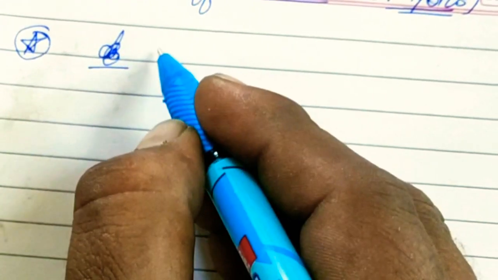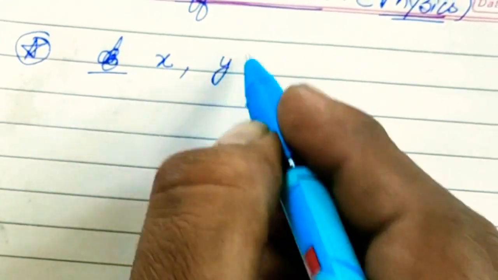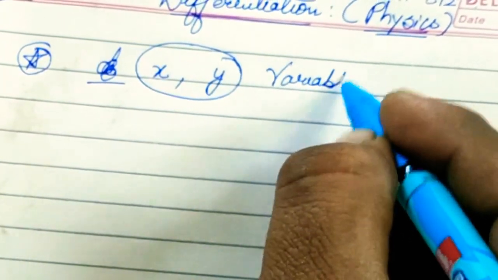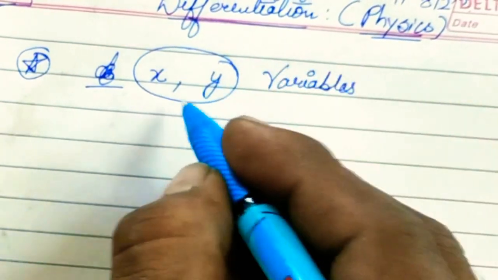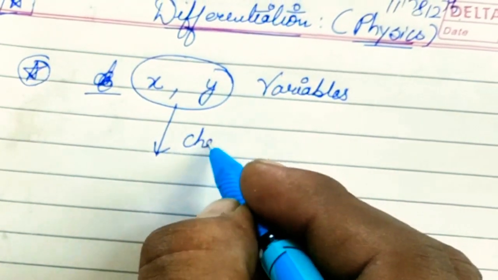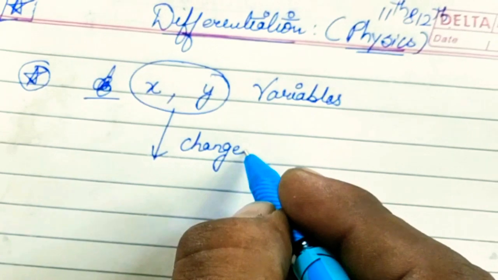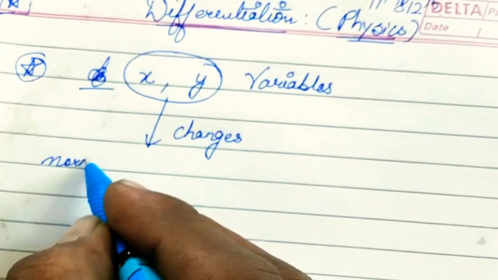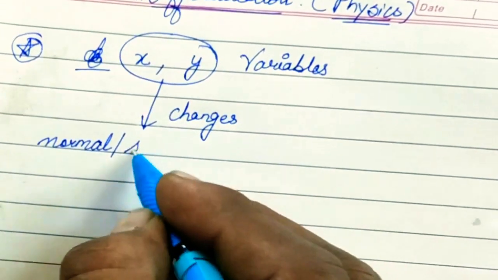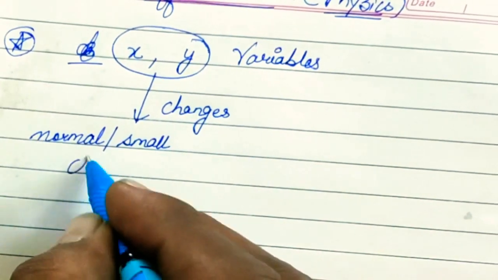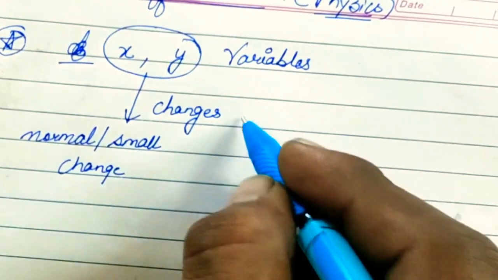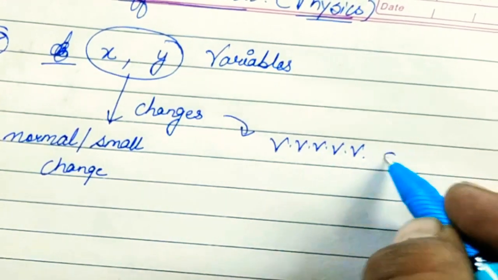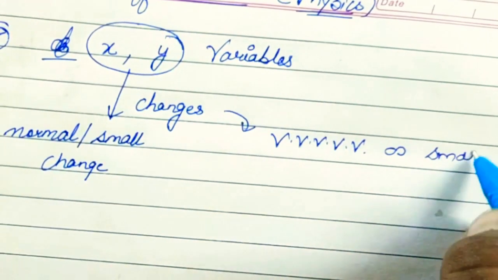Suppose there is a quantity that is called x or y. These are variable quantities. Now when we have any kind of change in that, changes are of two types. The first type of change is a normal change, or we can say a small change. And the second type of change is infinitely small change.